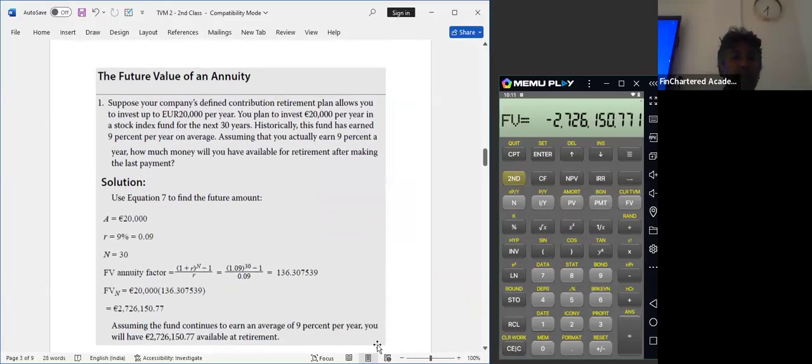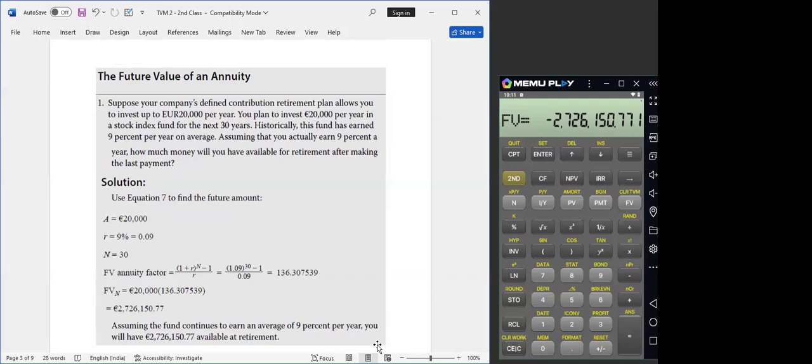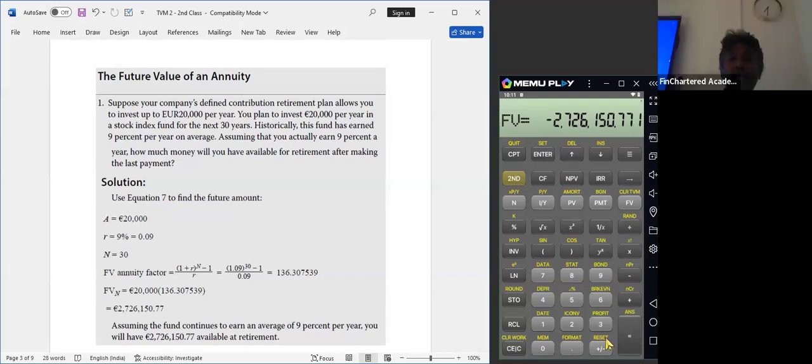Deepak, able to get this? One minute, sir. Yeah. So I will read these inputs again for you. Recall N is 30, recall I/Y is 9, recall PV is 0, recall PMT is 20,000. Compute FV. It's going to be 2,726,150. Adlin, you are able to get it?